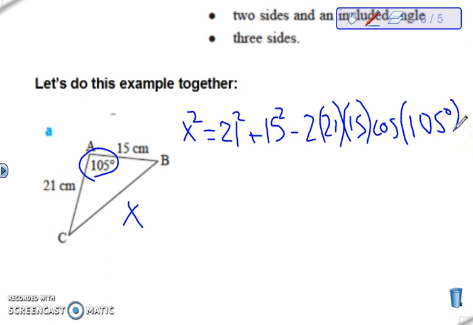Notice I don't actually have to solve anything, right? My x squared is by itself already, so all I need to do is take my calculator and type in the right side of that equation as I see it. That'll give me a value.